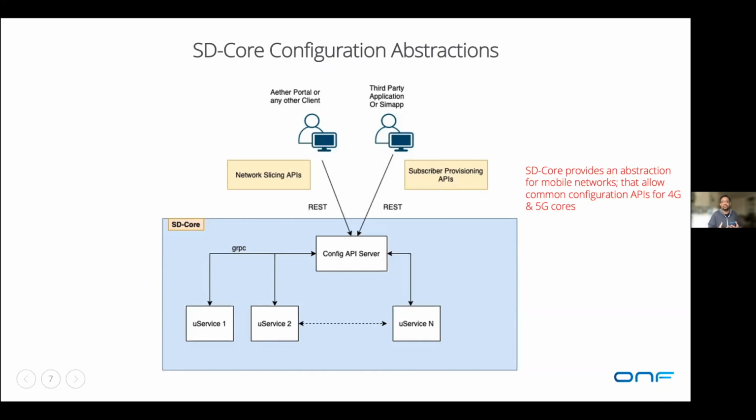But what we have done in the SD Core project is that via this abstraction, a network operator can simply create slices or add more subscribers or group subscribers and provision those subscribers to certain slices and so on through one common set of APIs.